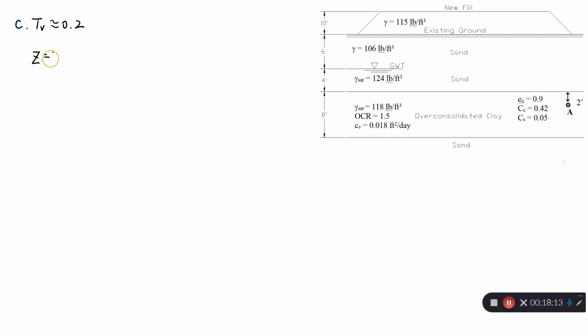The depth factor is the depth over H_DR. So it's gonna be 2 feet over 4 feet, so it's gonna be half, 0.5.